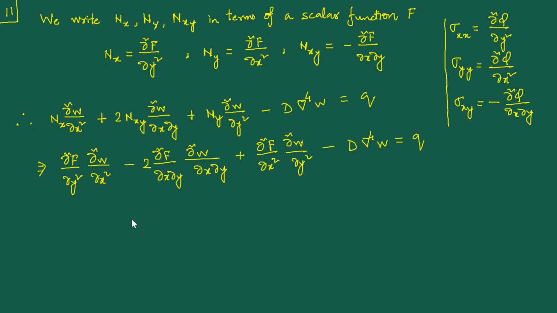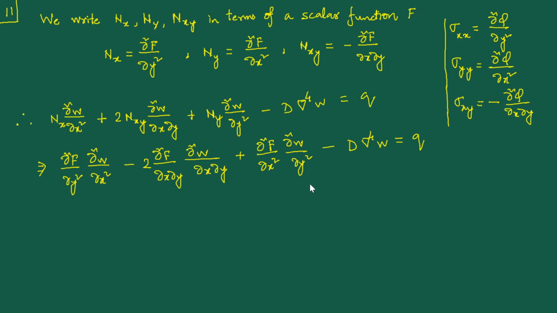But as things stand, this particular equation does contain two unknowns. The first is the deflection w, which we do not know about, and the other is this unknown scalar function F. So we have one equation in our hand.